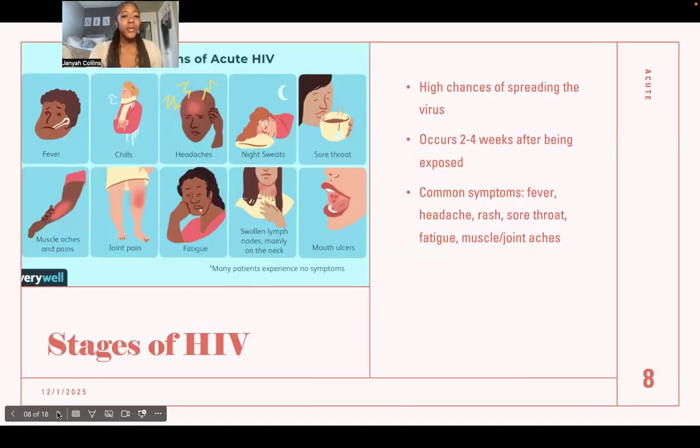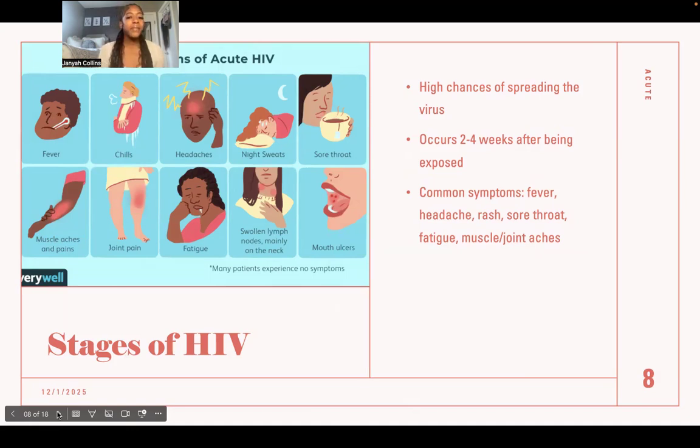So now we're going to move on to the stages of HIV. There are three of them: the acute, the chronic, and AIDS. First, in the acute stage, the chance of spreading this infection to another person is extremely high because our levels of HIV are so high in bodily fluids at that time. This stage occurs 2 to 4 weeks after being exposed.